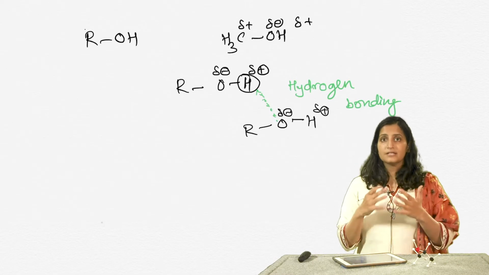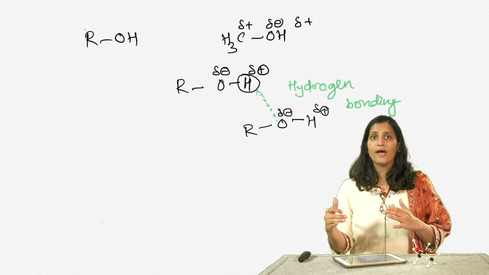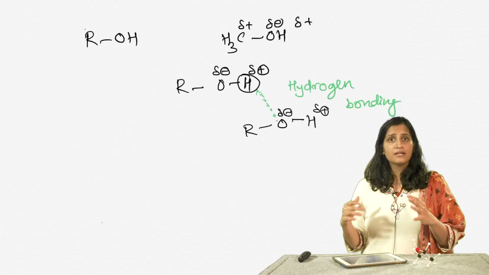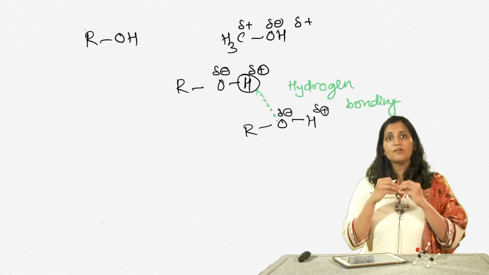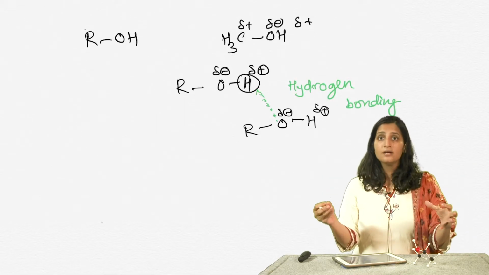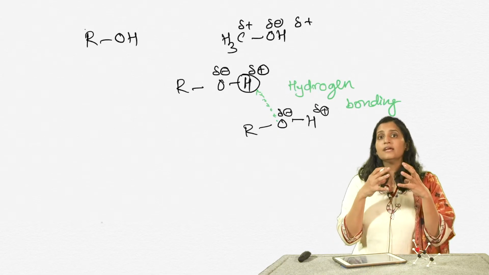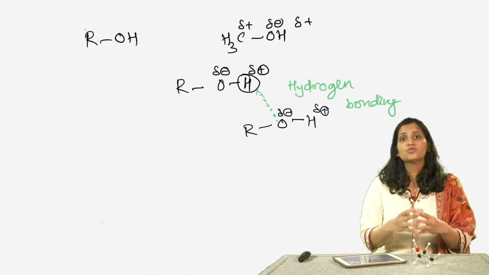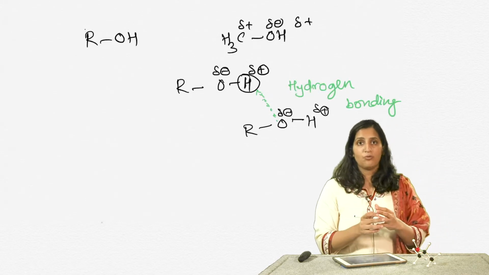So, it is certainly weaker, much weaker than the OH covalent bond, but 5 kilocalories per mole is not a small amount, especially if you think of multiple such hydrogen bonds existing together. The cumulative effect of these hydrogen bonds plays a huge role in the physical properties of water.